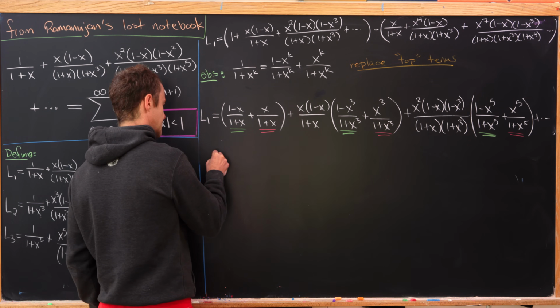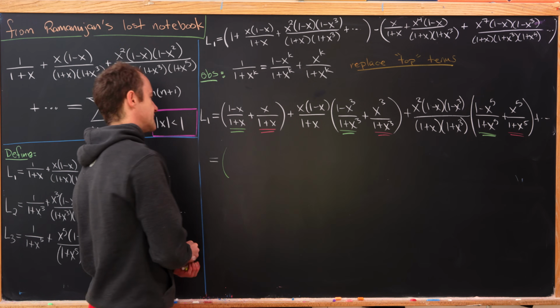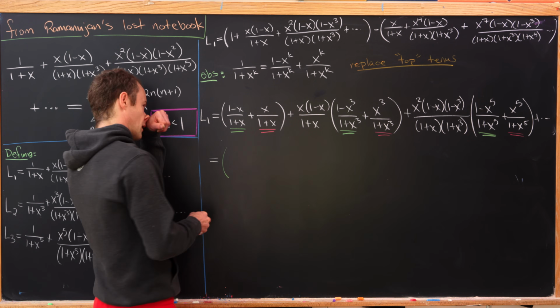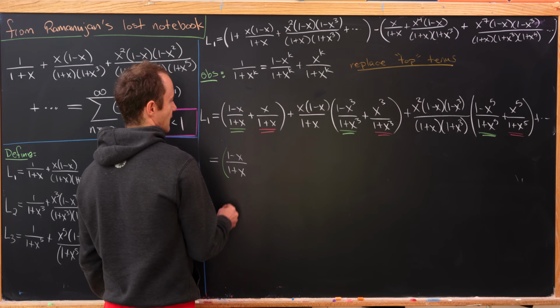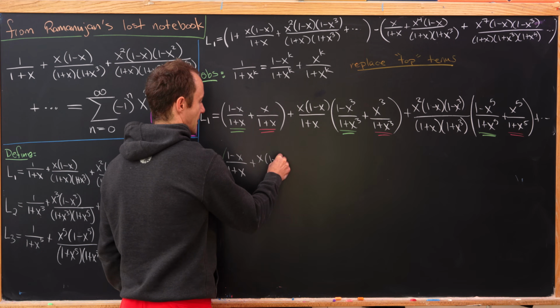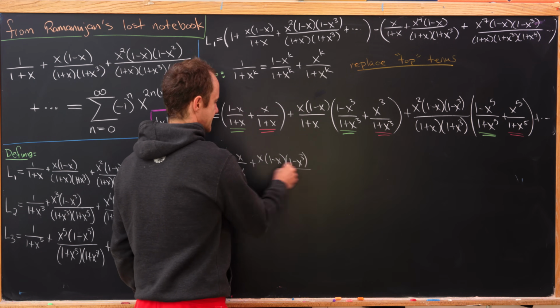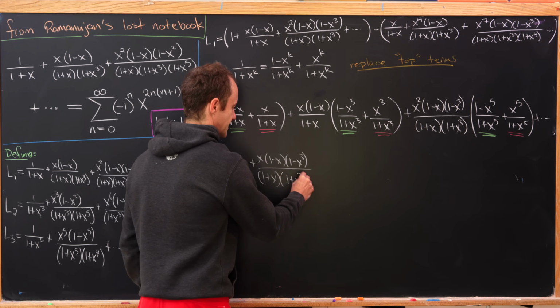Okay, so let's see what that leaves us with. Inside of the green parentheses, which come from the green underline, we're going to have 1 minus x over 1 plus x. That's our first term. And then plus x times 1 minus x cubed over 1 plus x cubed.